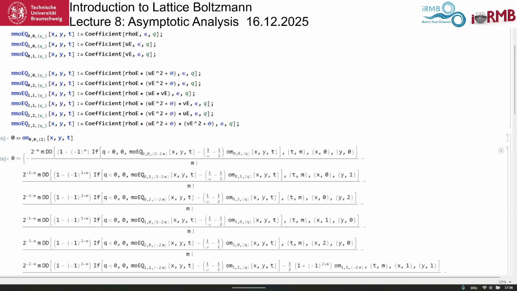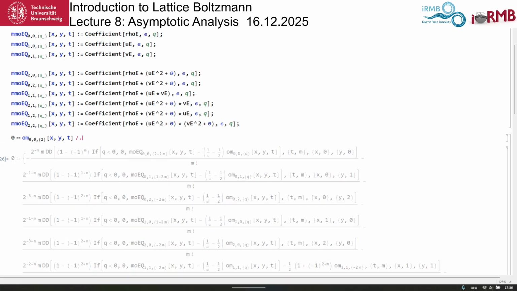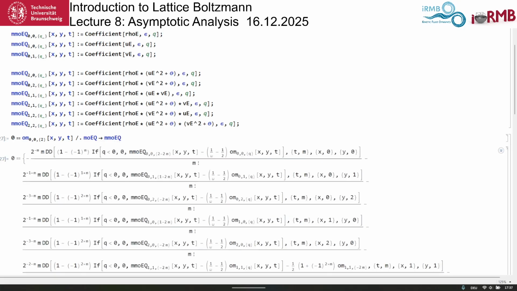So of course we get all of this. So first of all, what we want to replace is, so this strange thing is the substitution operation in Mathematica. So we want to replace MoEq with what we have defined, with MoEq Q.